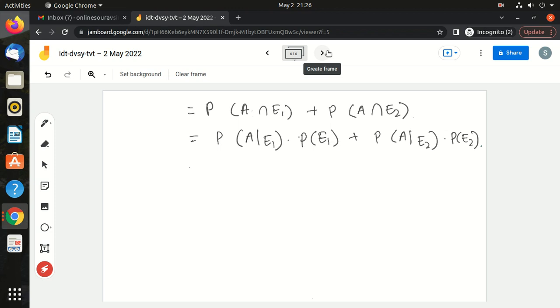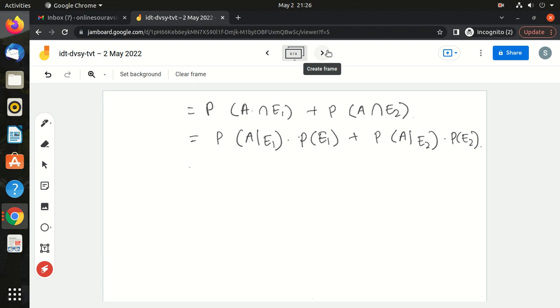So this has a fancy name. I don't remember, that's why I didn't write it directly. Does anybody know what this is known as? Someone's name starts with B. Bayesian. Conditional. Law of total probability.